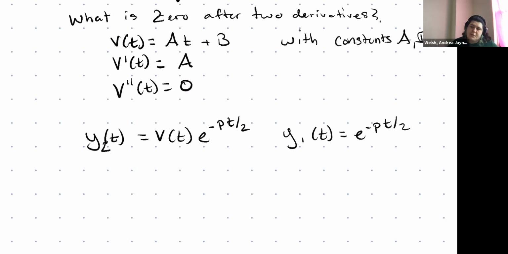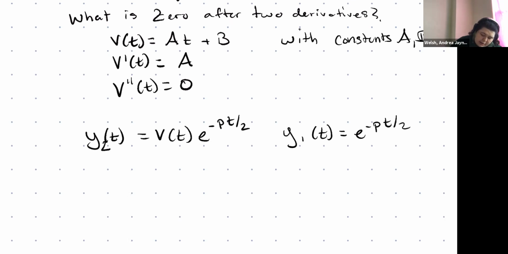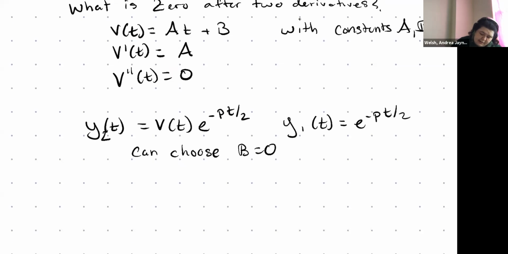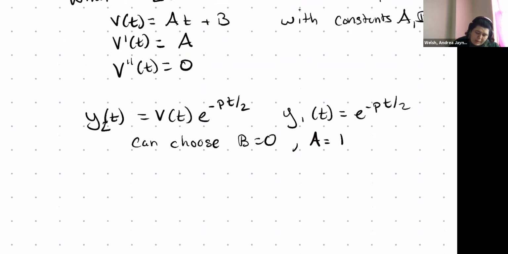We are going to just have some constant multiple of y1. We don't need another one of that. We can just choose b to be 0 because it's not giving us anything extra. And since when we talk about our fundamental set of solutions, we don't have any constants out in front. Those constants come up when we have our general solutions. So I'm just going to choose a to be 1 in this case.